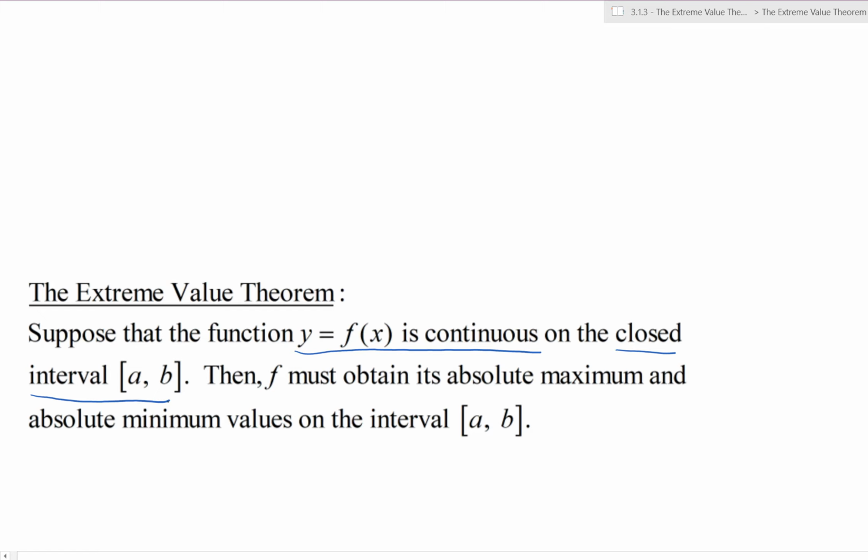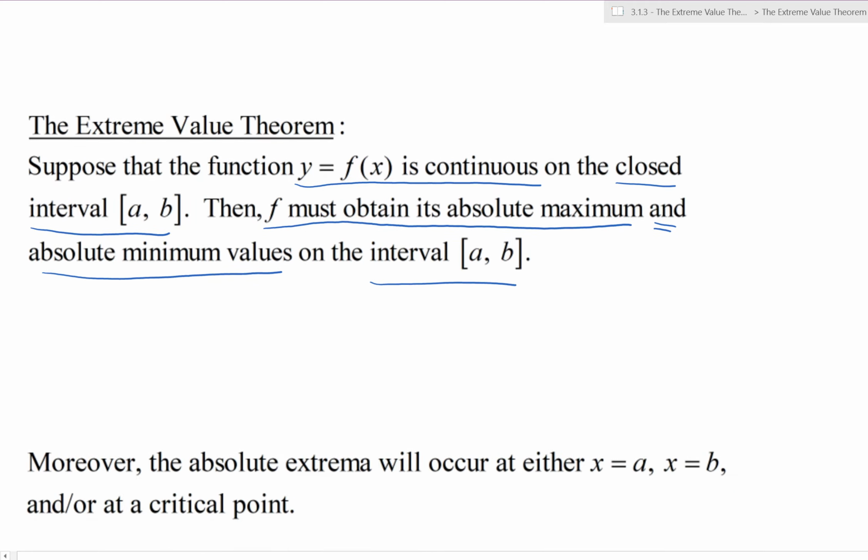Then, part of this theorem is guaranteeing existence, and that is that the function f must obtain its absolute maximum and its absolute minimum values on that interval. What it says is every continuous function over a closed interval obtains both its absolute max and absolute minimum values over the closed interval.